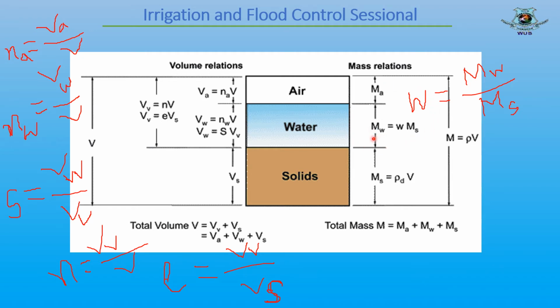Mw represents the mass of water, and it can be calculated if we know the water content w.